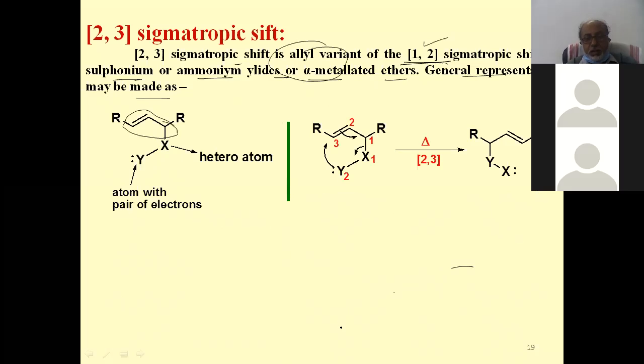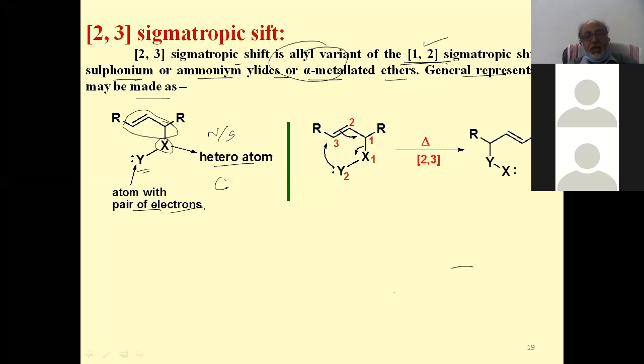I find here only 20 of you. So this is the allyl system you find here, and it will be connected to a heteroatom, mostly nitrogen or sulfur, and another atom which may also be carbon, usually a heteroatom, with a pair of electrons.